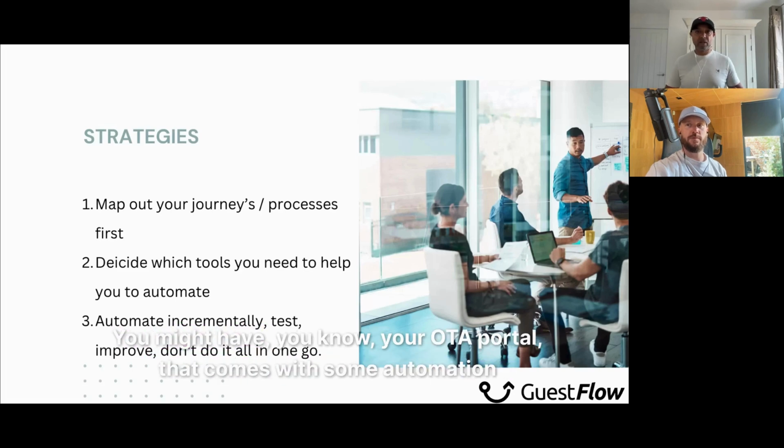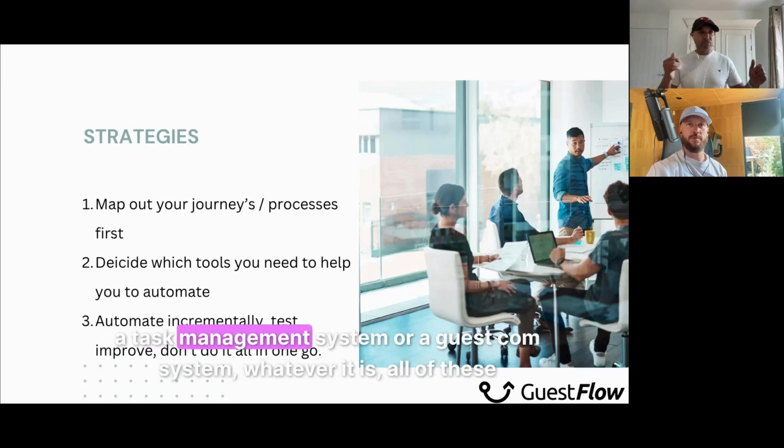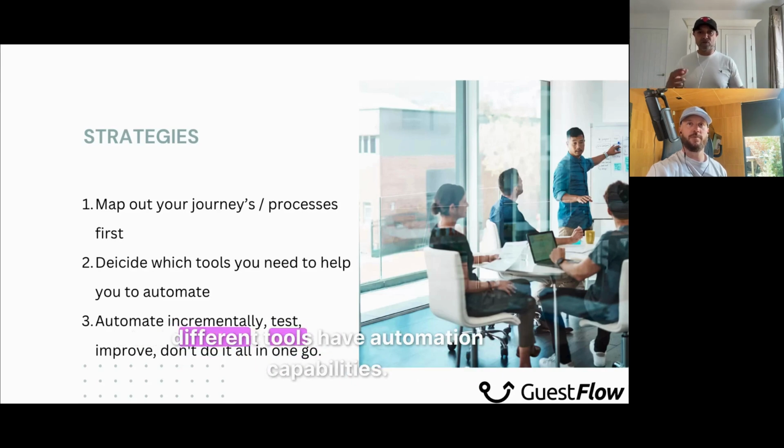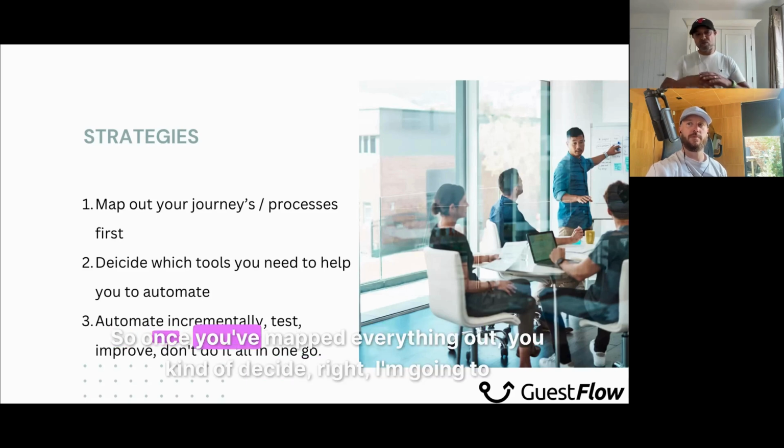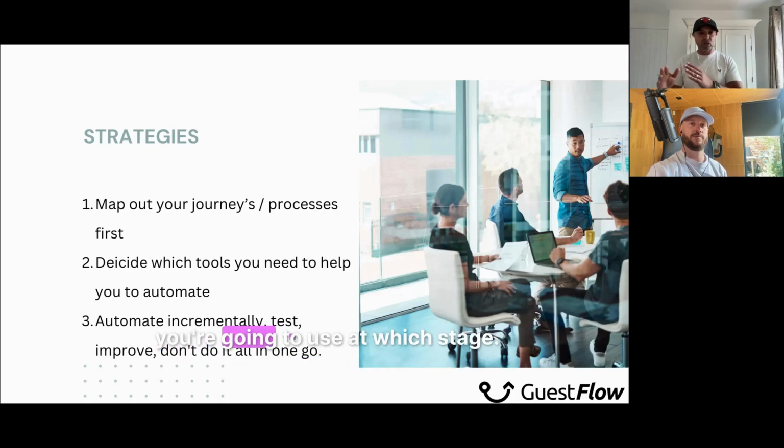You might have your OTA portal, that comes with some automation capability. You might have another system, your PMS, or a task management system, or a guest system, whatever it is. All of these different tools have automation capabilities. So once you've mapped everything out, you've got to decide, right, I'm going to automate these things here with this tool, and be really clear about which tools you're going to use at which stage.